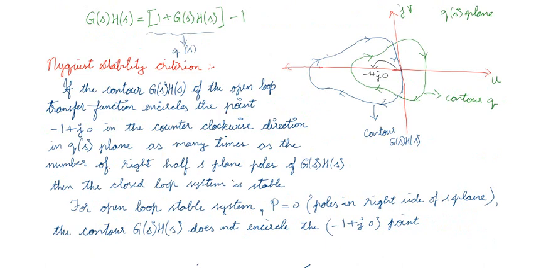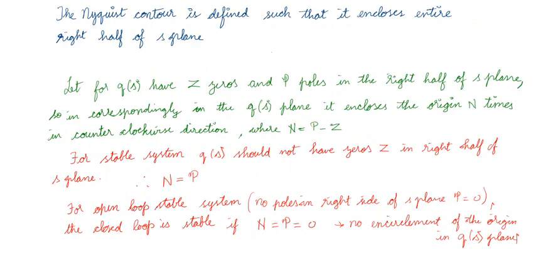Now very important. I want to refresh these things again. If Q(S) has Z zeros and P poles on the right half of the S plane, then in the Q(S) plane it will encircle the origin n times in the counterclockwise direction, where n is given as P minus Z. Simple.